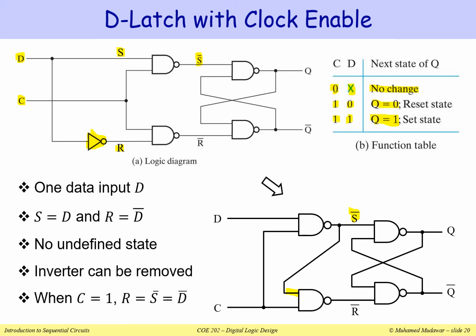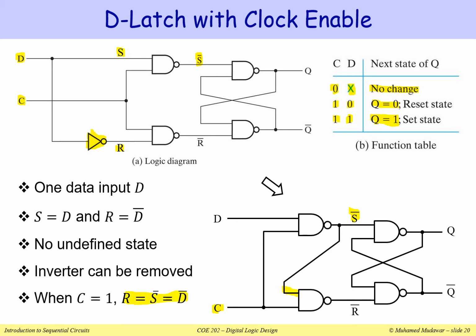So the inverter here is using this NAND gate. I'm using this NAND gate as an inverter when C is equal to 1. So when this C is equal to 1, the latch will be enabled. This NAND gate will act as an inverter. So here the R input is simply equal to S bar, and S bar will be equal to D bar.